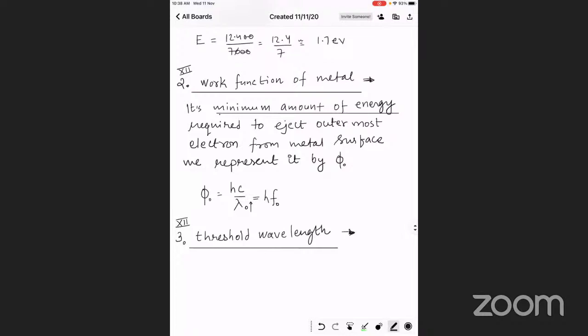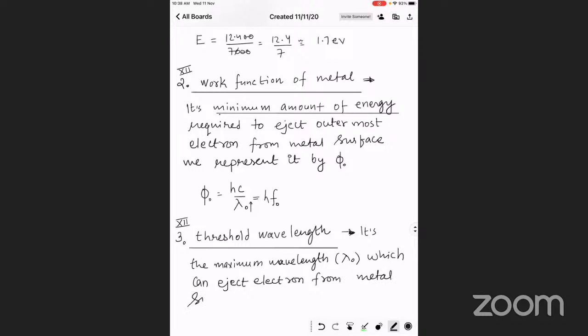So threshold wavelength is the maximum wavelength which can eject electron from metal surface. Understood?